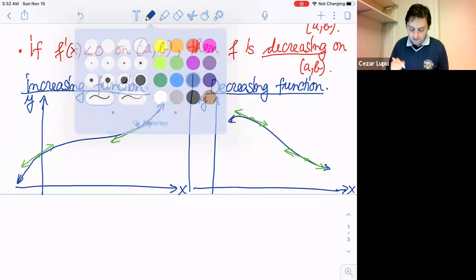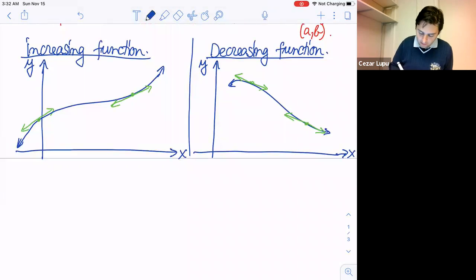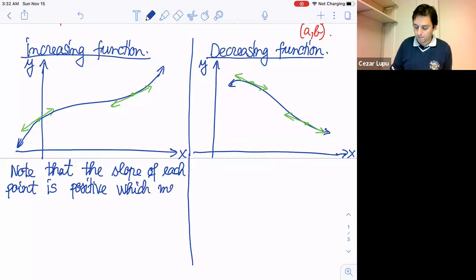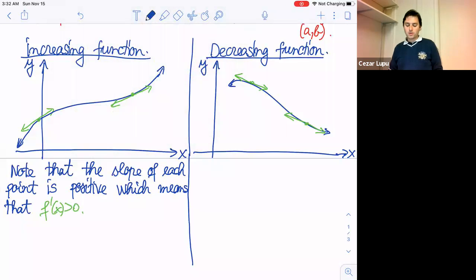Let's point out what we observe on these graphs. Note that the slope at each point is positive, which means that f prime of x is positive. The same situation is here.